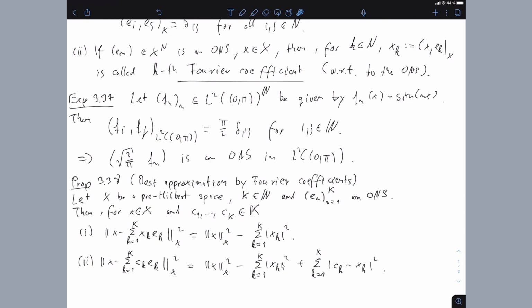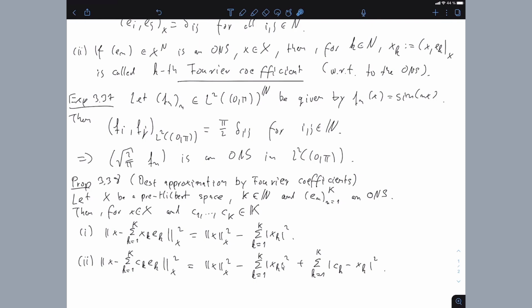And if you now look at the meaning of this formula, we can immediately see that the right-hand side is smallest if I choose ck equal to xk.